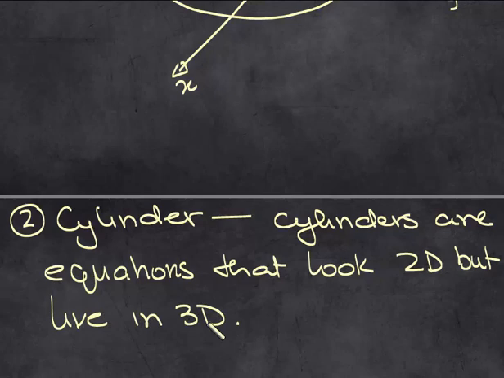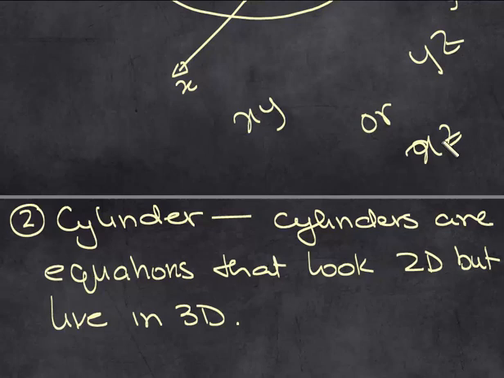What do equations in 2D have? They have only two variables, right? X and Y. So a cylinder is an equation that looks like it's in 2D. Either it'll have X and Y, or Y and Z, or X and what? It'll only have two variables. Do you guys follow? So cylinders are equations that look 2D but live in 3D.